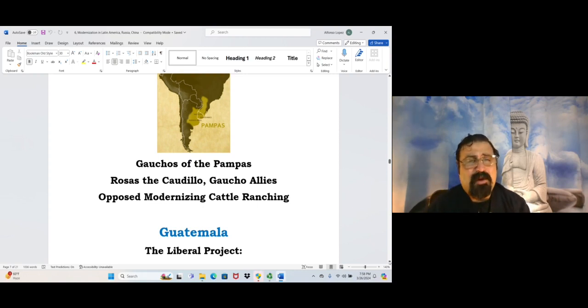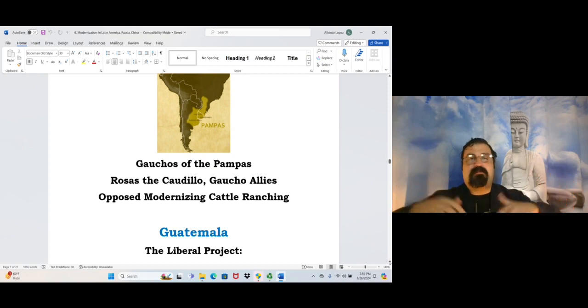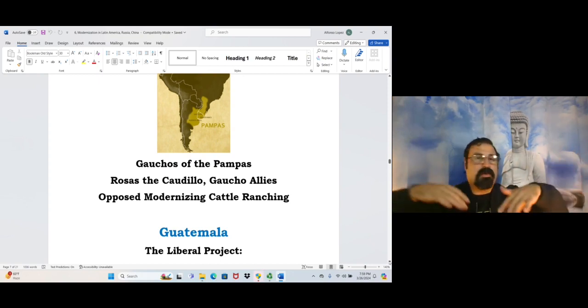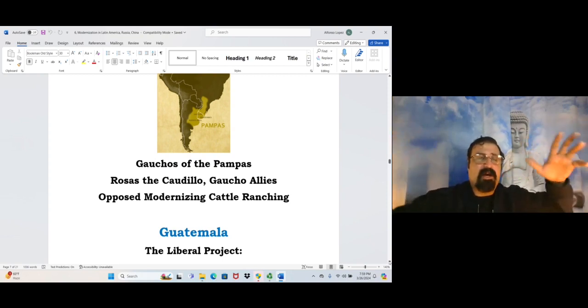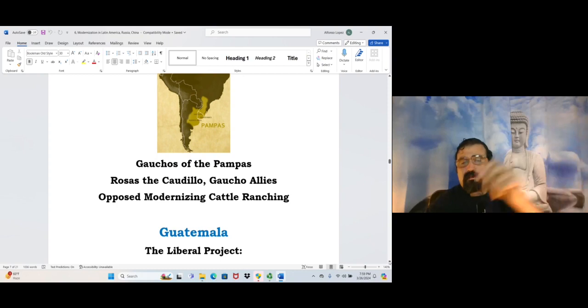But this is not really the kind of modern system of cattle ranching by any means. This is a very unsophisticated type of cattle ranching in which this is not really a ranch at all. This is just an open range where people were just grazing cattle. It was in the wild, and the gauchos were nomads. They lived in the wild, and they were just rounding up the cattle and so on.